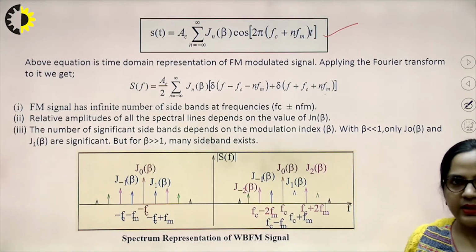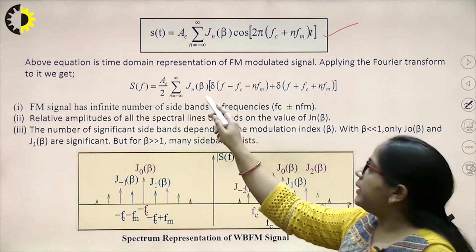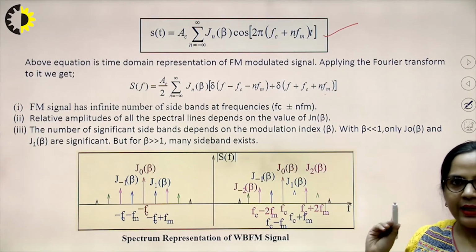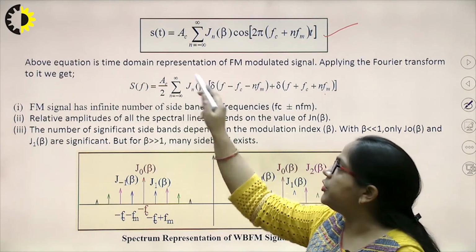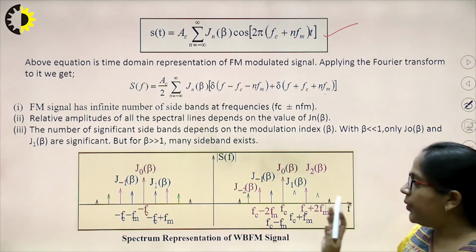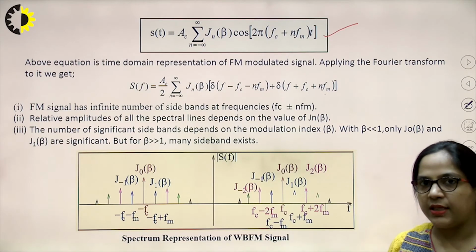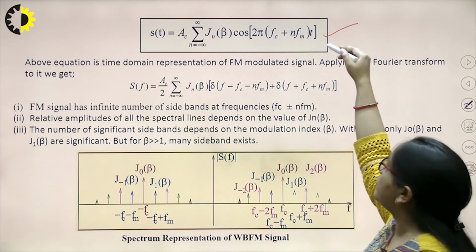So what it is indicating is that the value of n will keep on changing, and n exists from minus infinity to plus infinity. So the number of sidebands will also exist from minus infinity to plus infinity. So what is the observation from this expression?